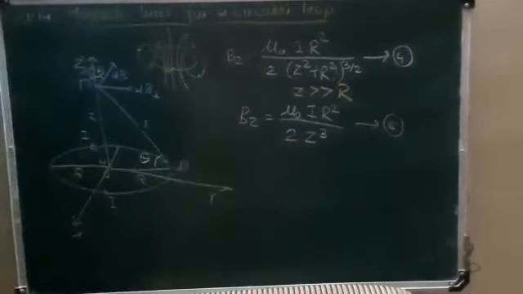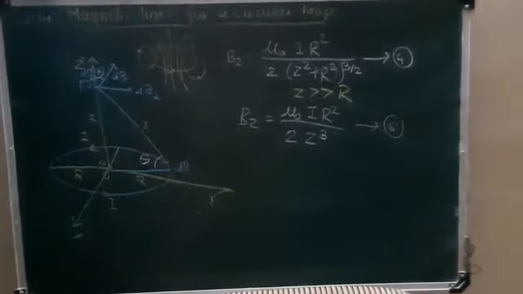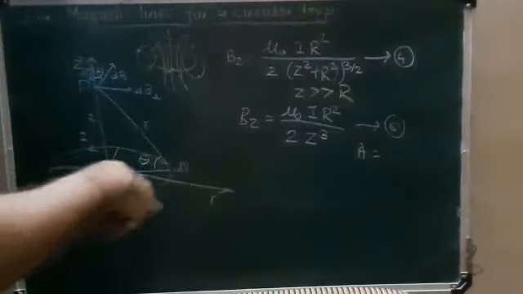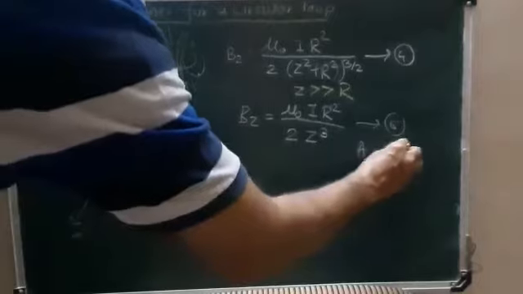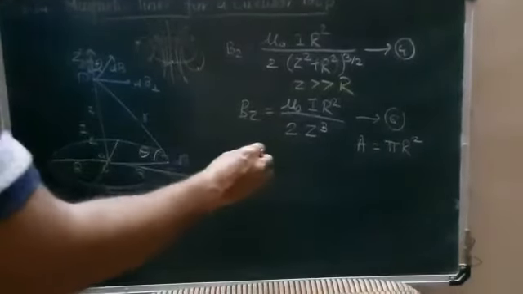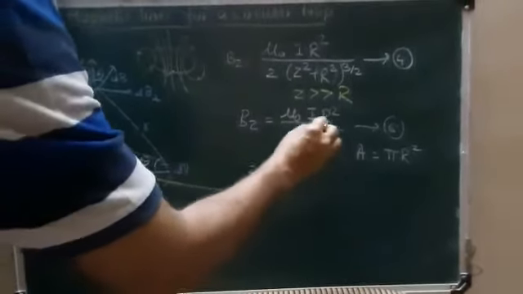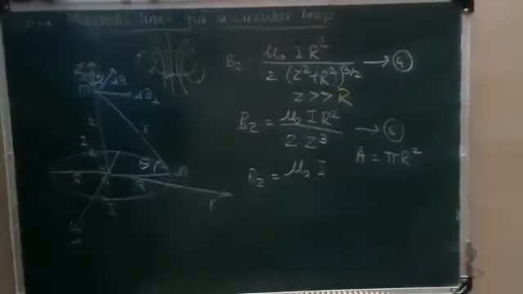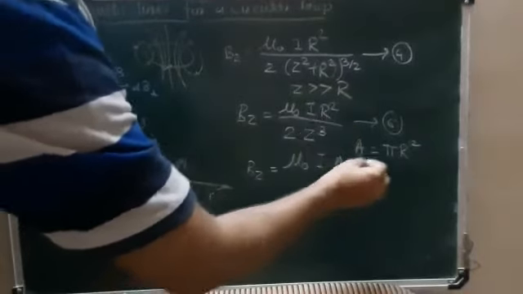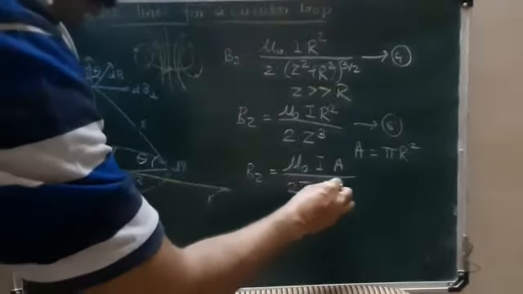Now from this equation, this is the magnetic field of induction at this point. Here we know that this is a circular loop, and the area of a circle is pi r square. Then this equation changes like this. Bz is equal to mu 0 I, and instead of r square, we write here a, since pi is not present, we write pi a divided by 2 into z cube.